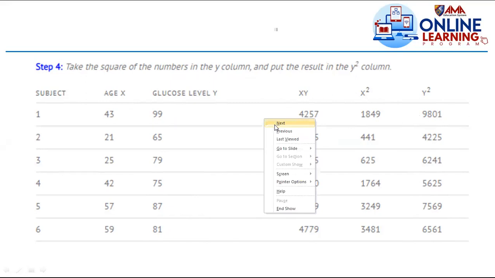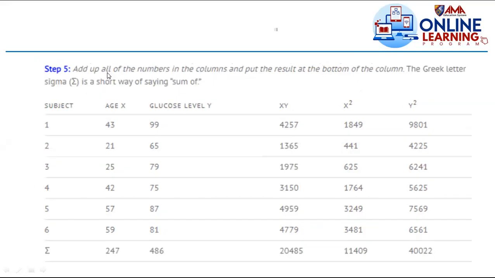Then after that, add up all of the numbers in the column and put the result at the bottom of the column. The Greek letter summation is a short way of saying sum of. So, gagawin po natin, pag Excel po tayo, right-click po siya, tapos i-add po natin, lalabas po dito. Okay?